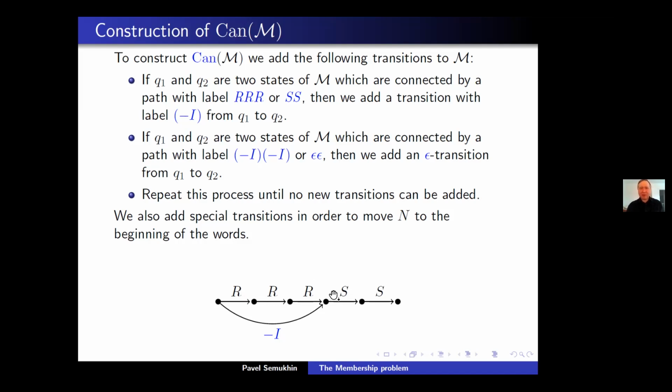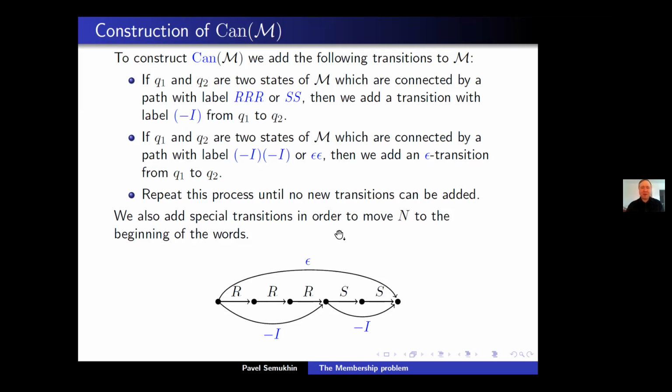And similarly, if we have a path with label SS, we also add a transition labeled by minus identity. And if we have a path which is labeled by minus identity times minus identity, then we add an epsilon transition here, because minus identity times minus identity will be, of course, the identity matrix, and it is represented by the empty word.